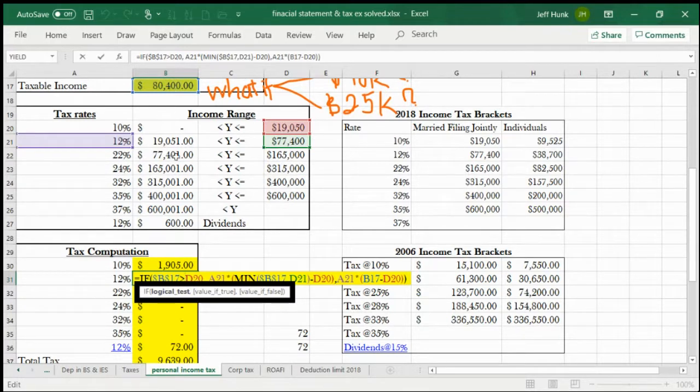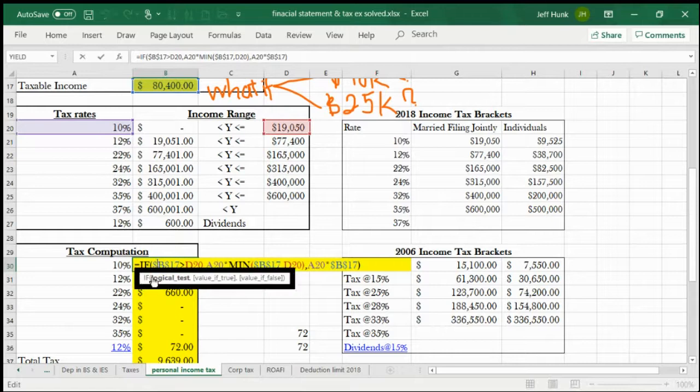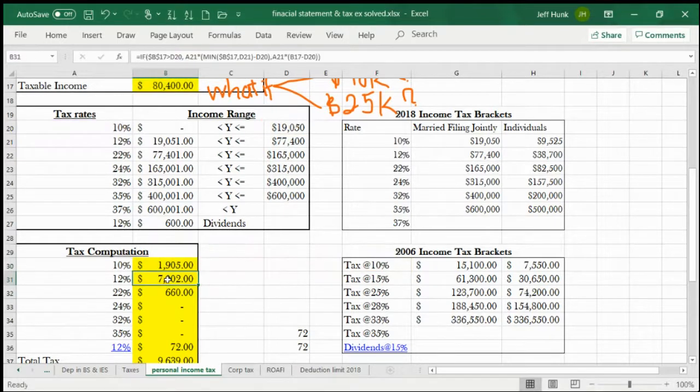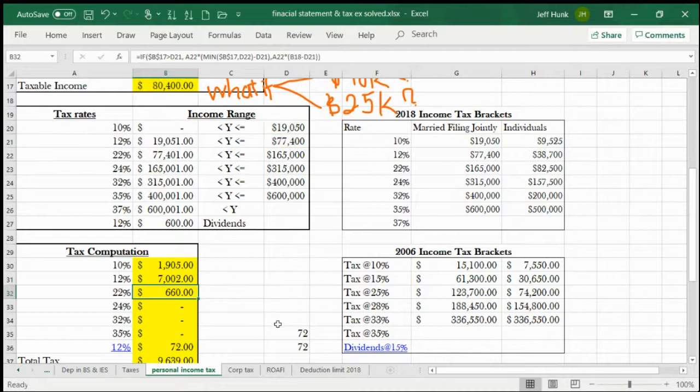If this is still greater than D20, which is this, then that should be D21. Right, write it down. It should be like, so, oops, something's not right.